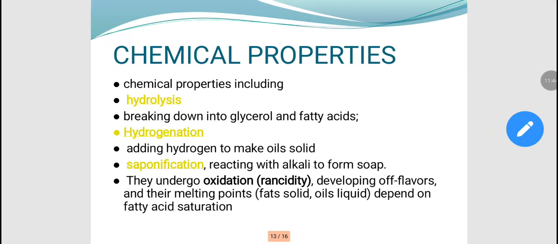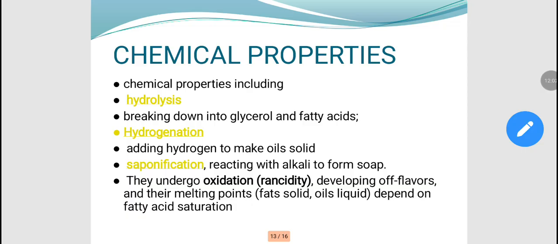Chemical properties, including hydrolysis, hydrogenation, saponification. First of all, hydrolysis: oils and fats are hydrolyzed, breaking down into glycerol and fatty acids.